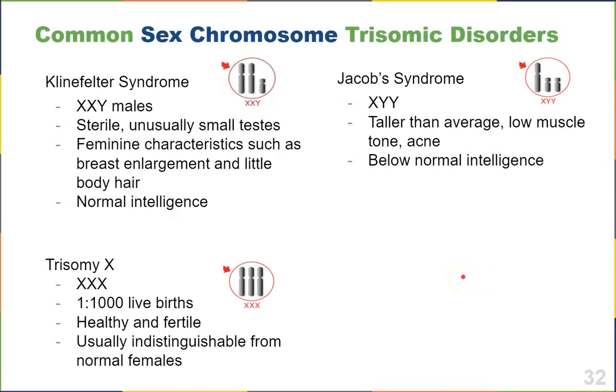Okay, so let's talk about the sex chromosome trisomy. This is on the 23rd pair, where the sex chromosomes are. Like I said earlier, X inactivation happens.